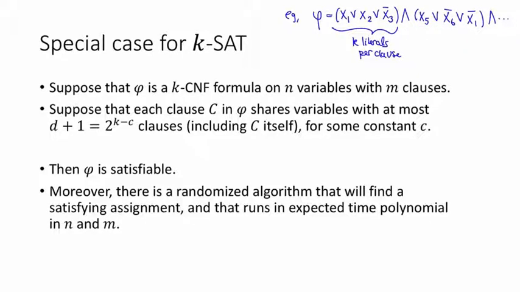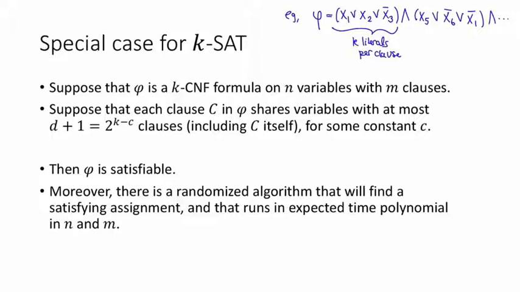Further, suppose that each clause, c, in phi, shares variables with at most d+1 clauses, so d clauses and c itself, where d+1 is equal to 2 to the k minus c for some constant little c.